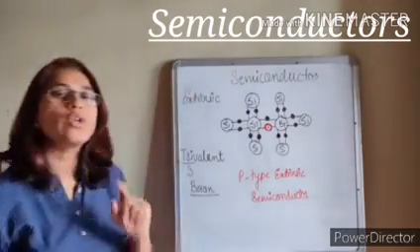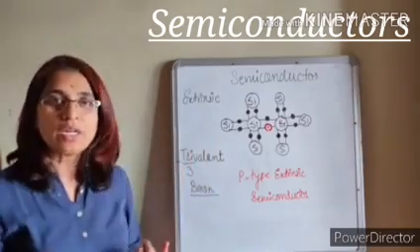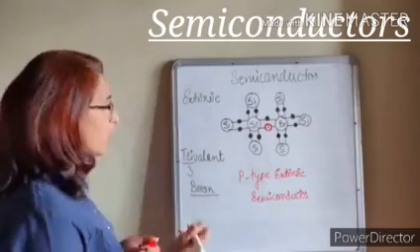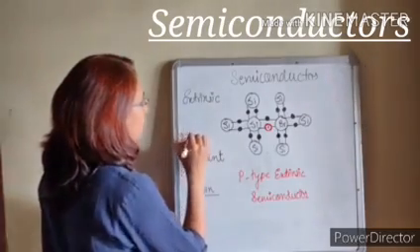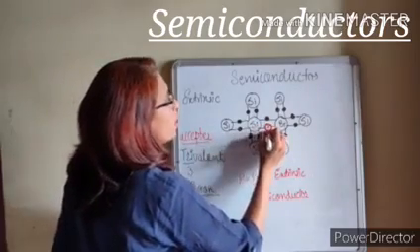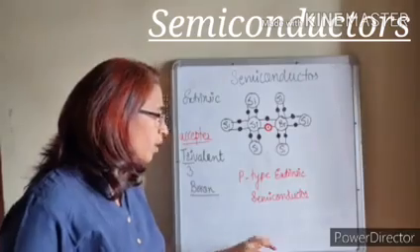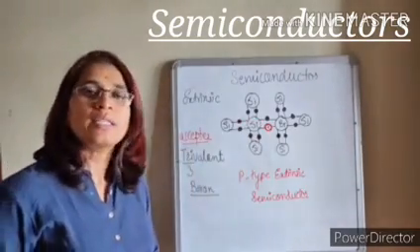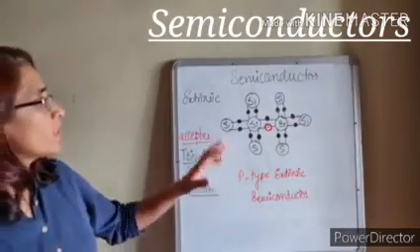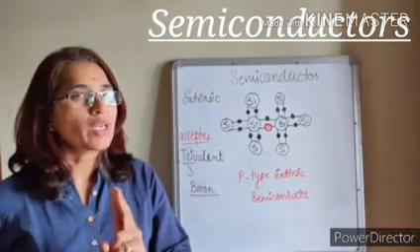As we know that hole is of positive charge and it is always ready to accept the electron, so this type of impurity is called acceptor impurity. So this is the acceptor impurity because there is a lack of electron and it easily acquires the electron.